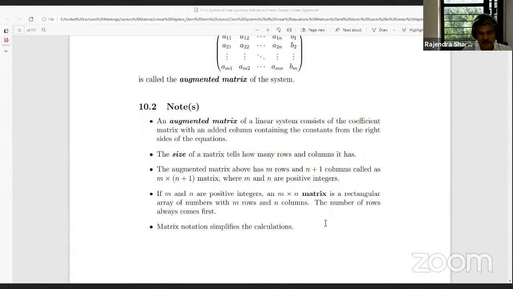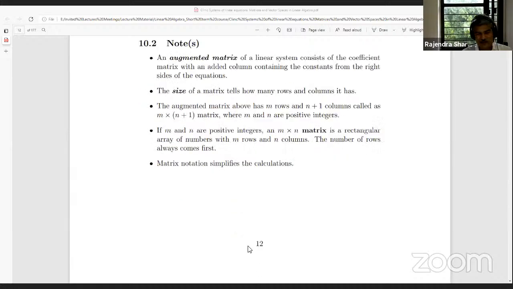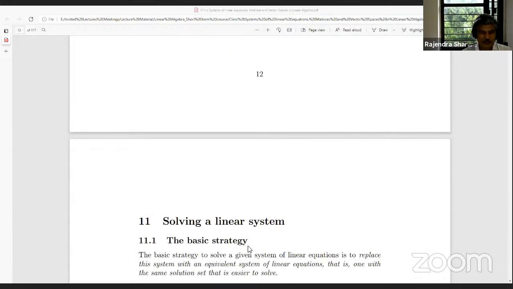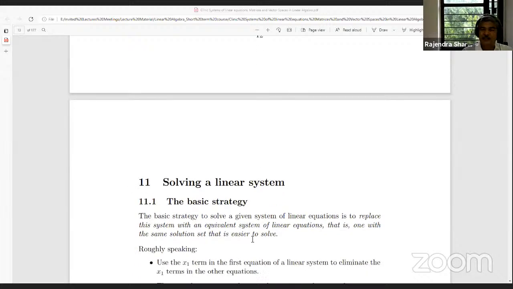If m and n are positive integers, an m by n matrix is a rectangular array of numbers with m rows and n columns. The number of rows we always state first, and then the number of columns. Of course, in this equation, the matrix notation simplifies calculations, and that is why we use matrices and very quickly become very fluent with matrices.